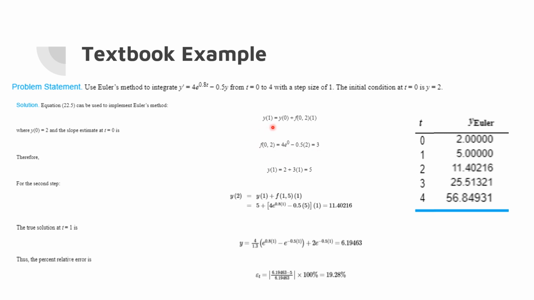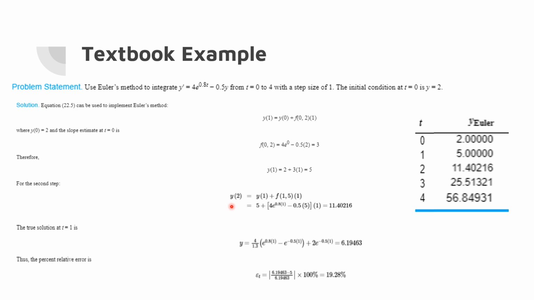So plugging those values back into this equation, y1 equals 2, which is the value of y when t equals 0, plus the function evaluated at the initial condition that we got from this equation, times the step size, and that equals 5. And you can see when t equals 1, y equals 5, according to Euler's method.